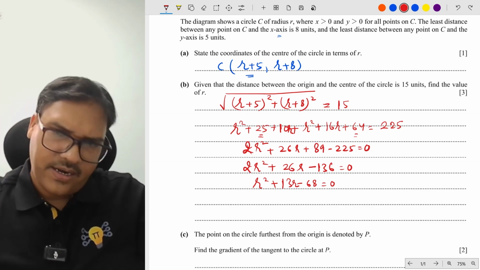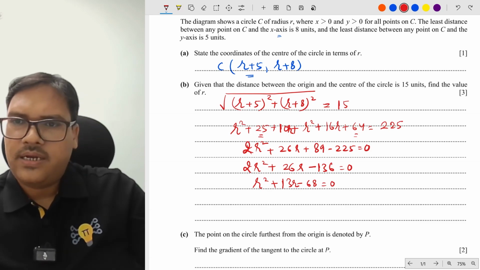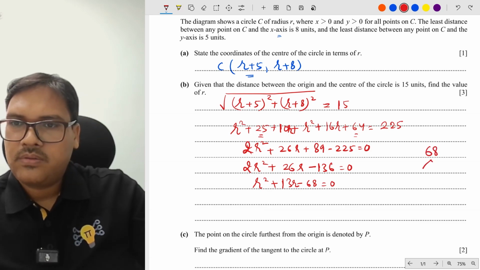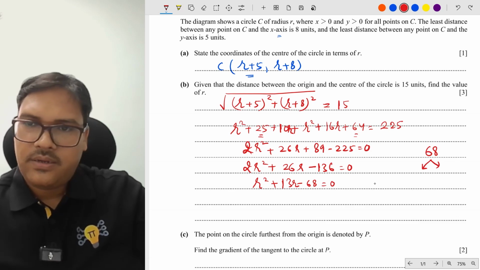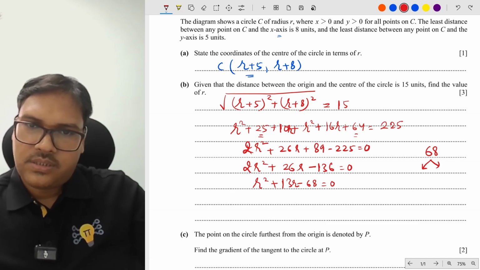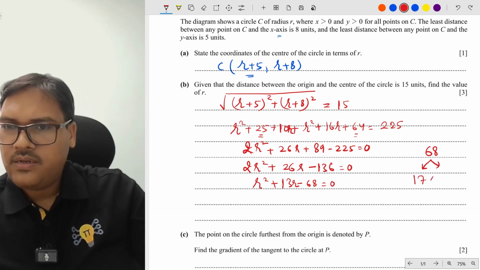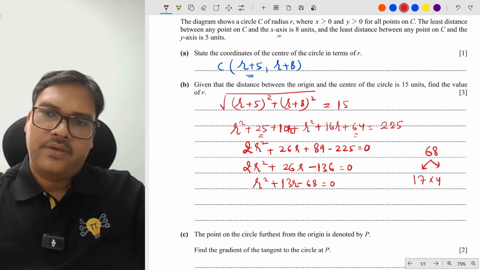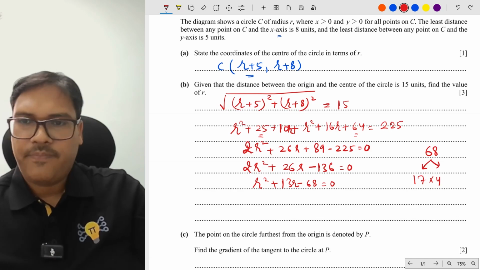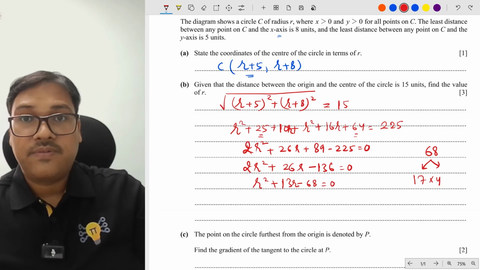Now if we can factorize this, 68 and 13, you can see 17 into 4 is 68, and 17 minus 4 is 13, so I can use 17 and 4.